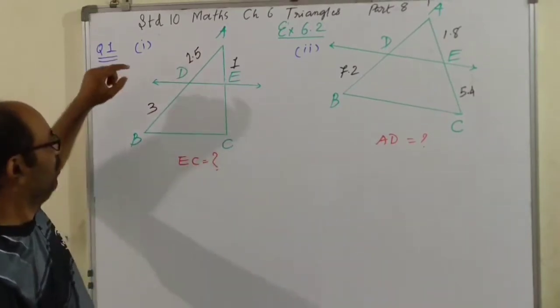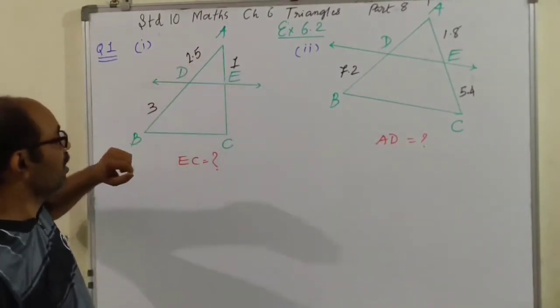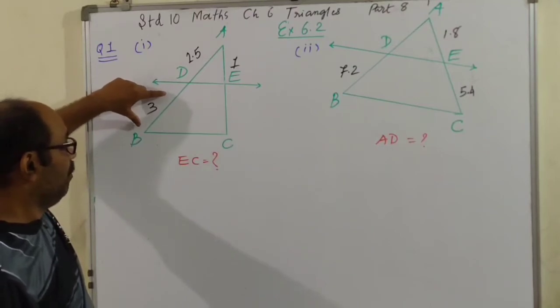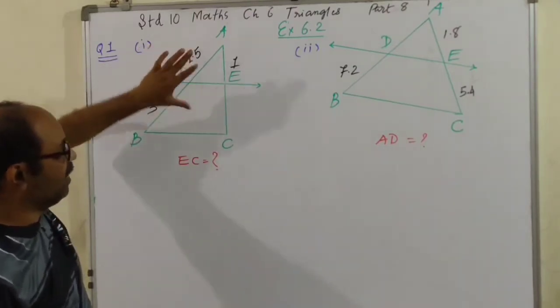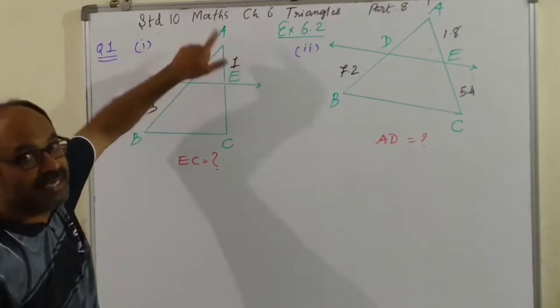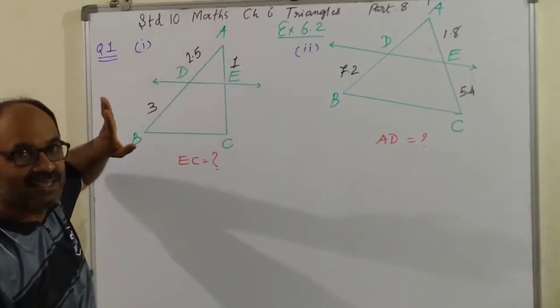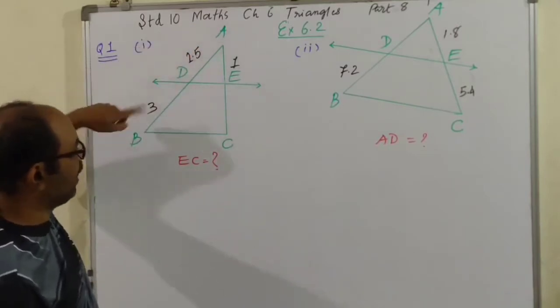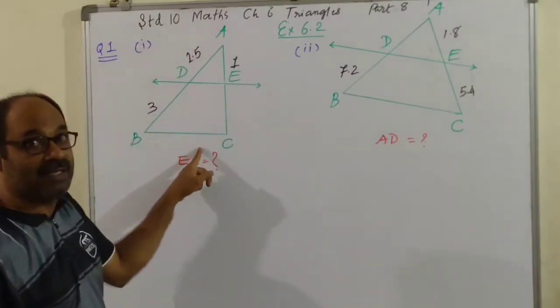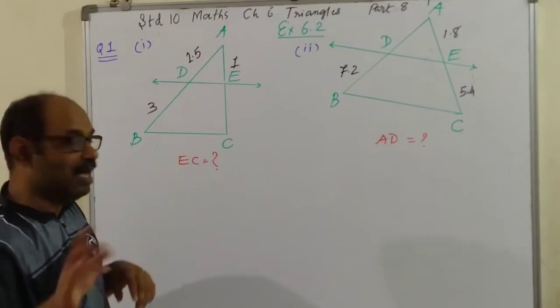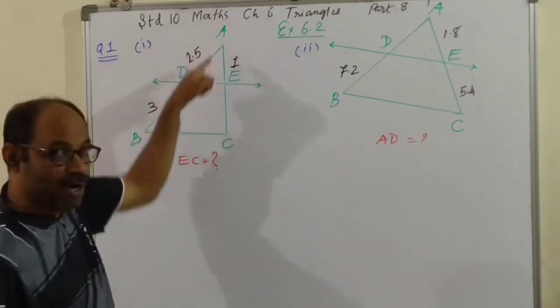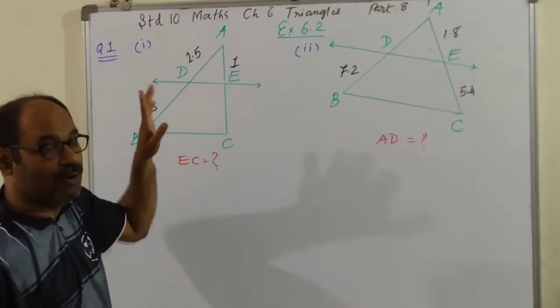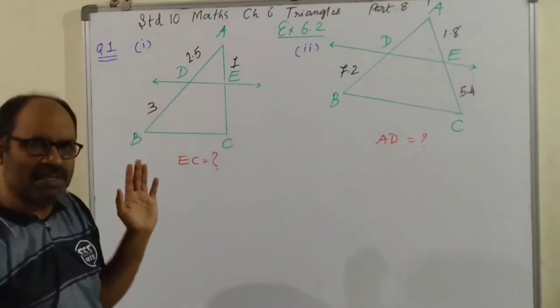Result 2. Result 3: BD upon side is equal to EC upon side, side is AC. Then from similarity, AD upon side is equal to DE upon BC. Result 4. Now result 5: AE upon whole side, taken from the vertex, is equal to DE upon BC.